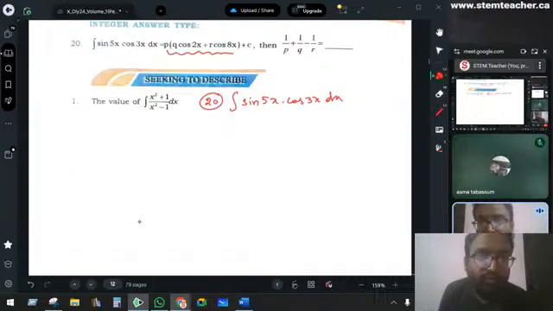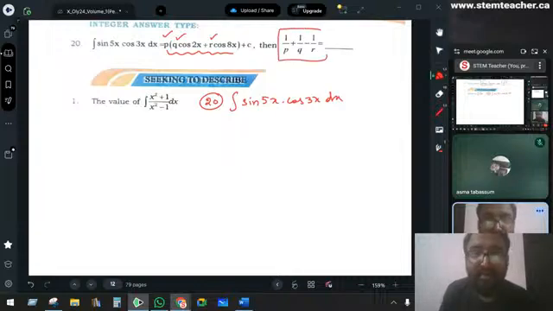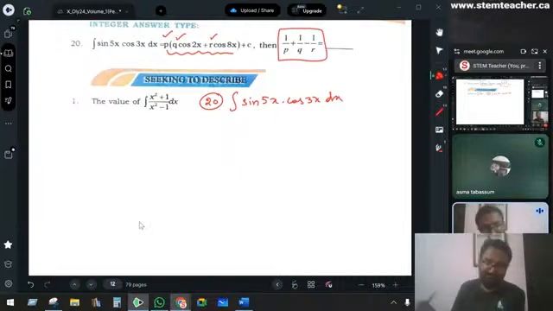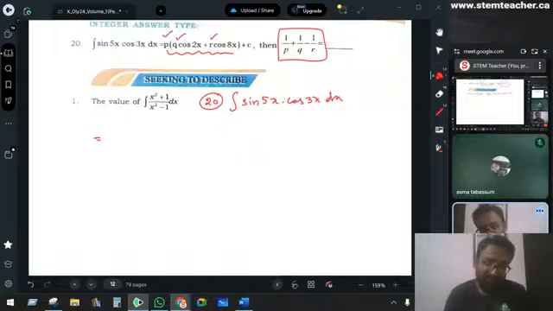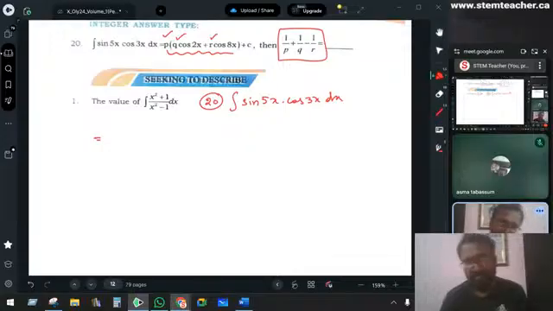We have to get what is P, what is Q, what is R, and give 1 by P plus 1 by Q minus 1 by R. No problem. But it is a proper 12th standard question. You are doing it in the 9th only. So please provide the next step.